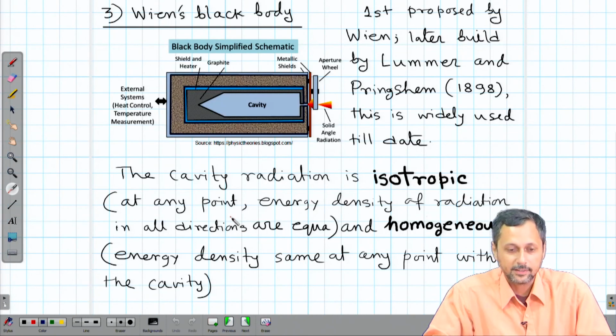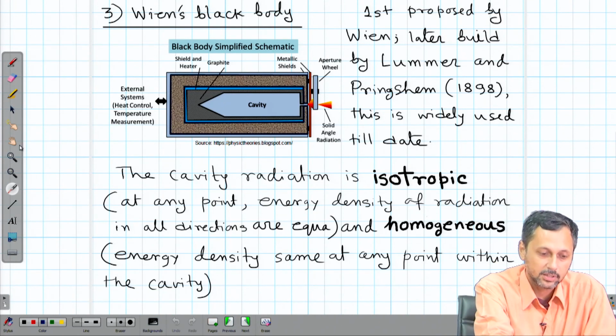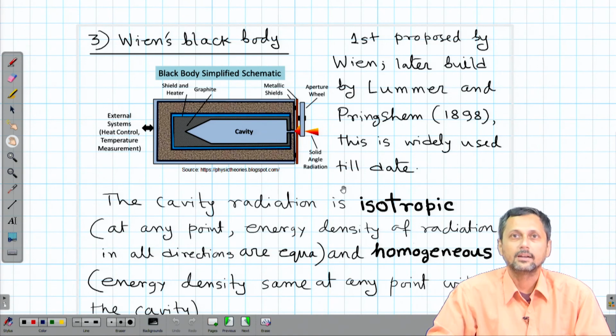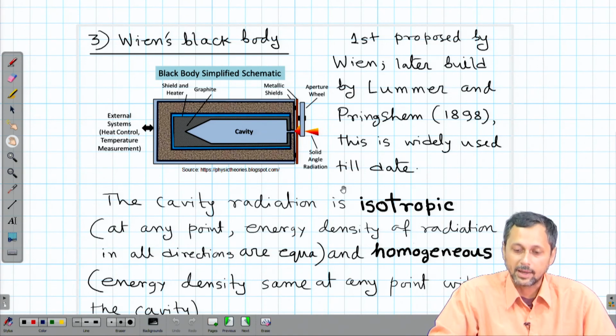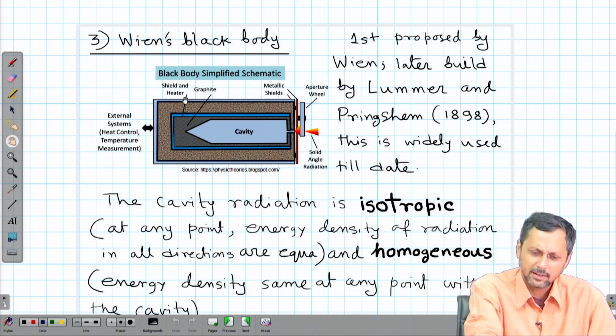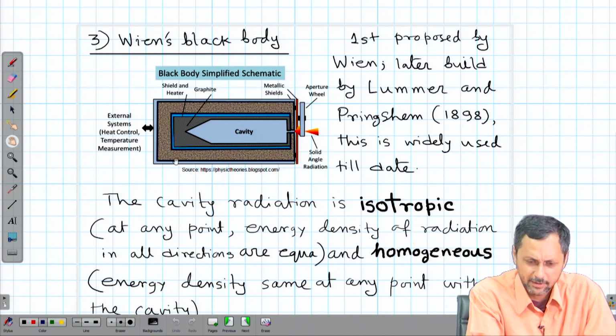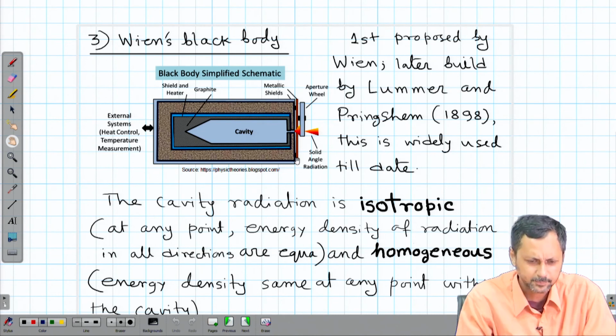There is another type of construction that is called Wien's black body. It was first proposed by Wien and later built by Lummer and Pringsheim in 1898. This is a slightly different construction, where we have a platinum cavity, and a metallic shield outside.